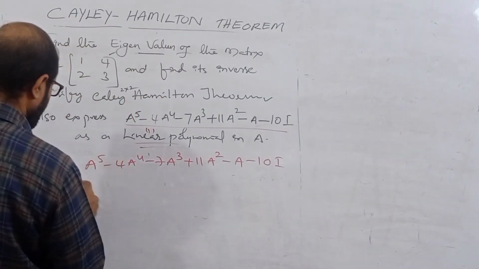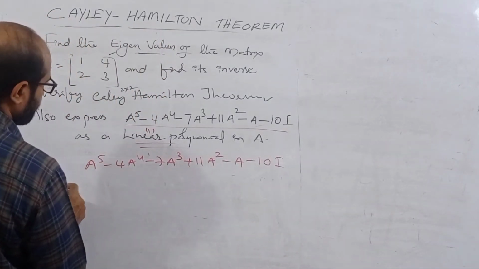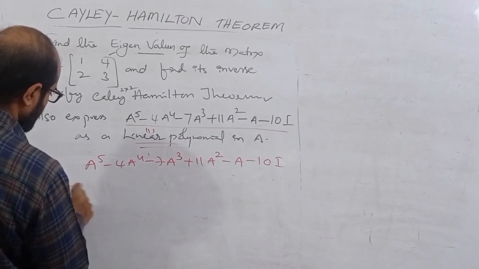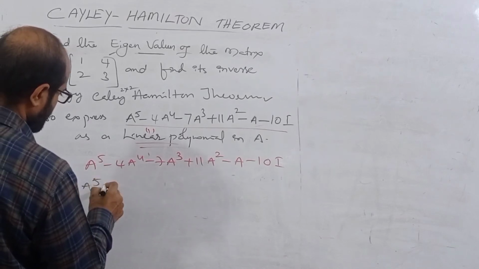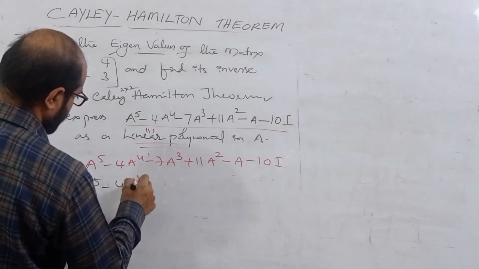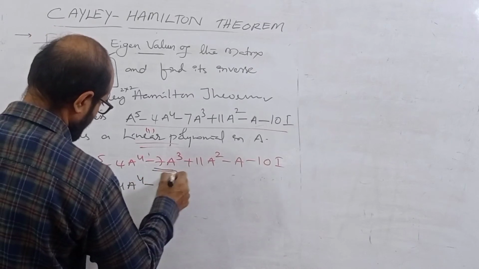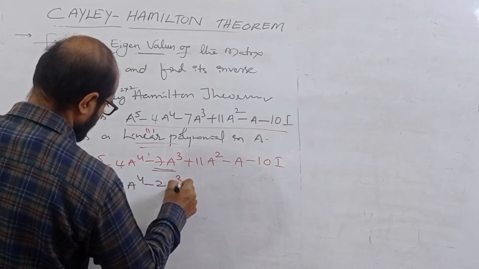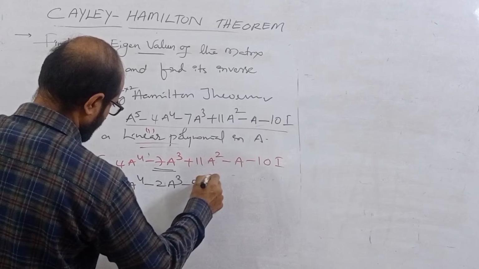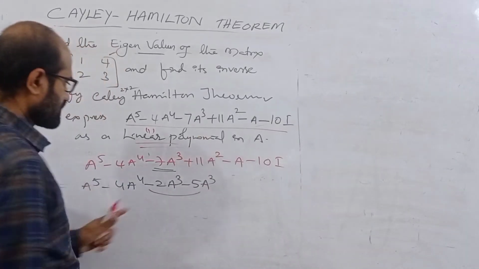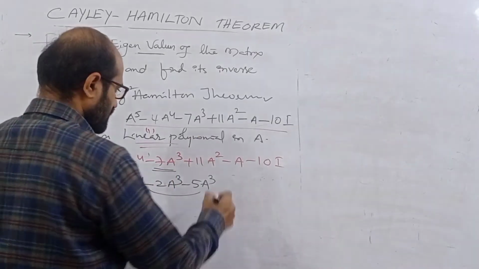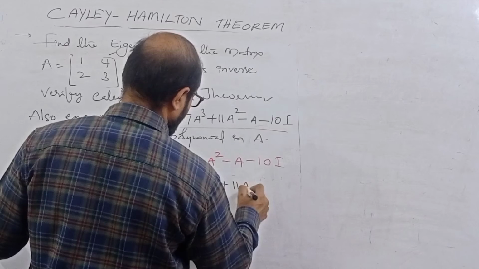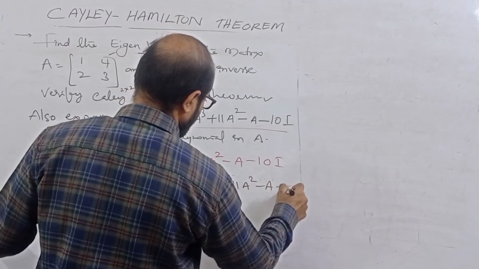I can write this as A power 5 minus 4A power 4 minus 7A cube, and I can write minus 7A cube as minus 2A cube minus 5A cube. Can I write like this? Minus 2 minus 5 is minus 7, no problem, plus 11A square minus A minus 10I.